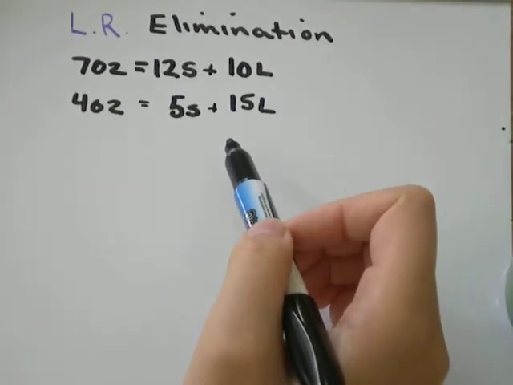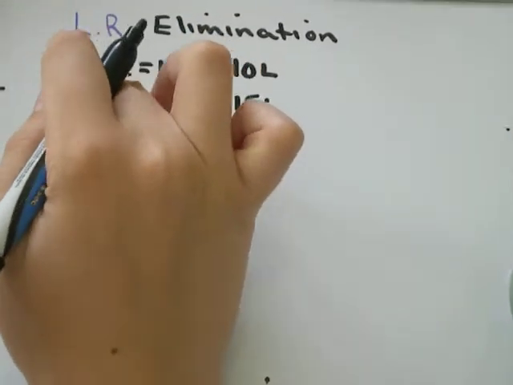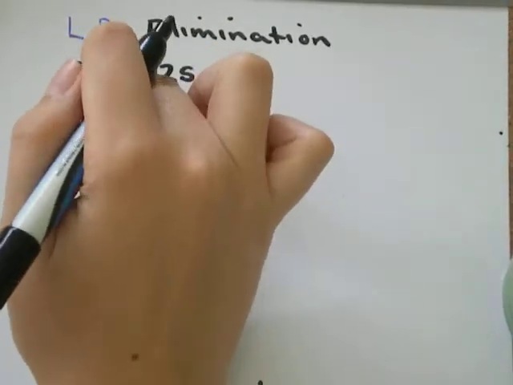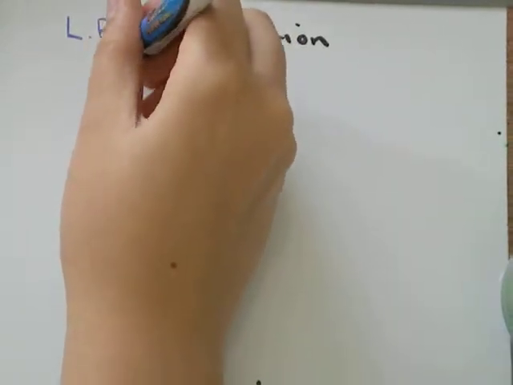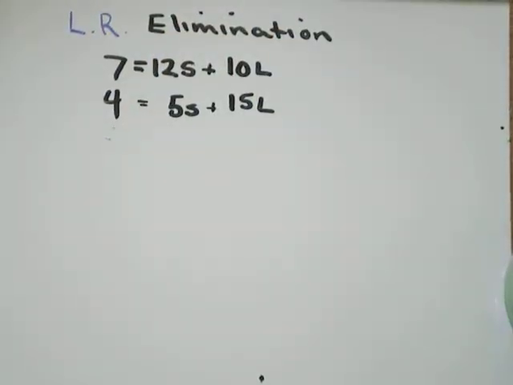So I've got two equations, and I think I'm just going to drop the ounces for now. We don't really need them. And we've got two equations.